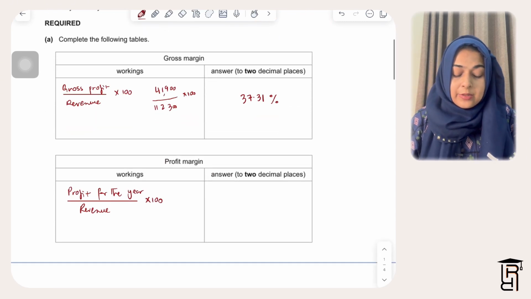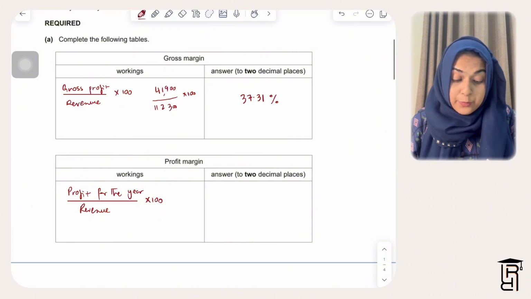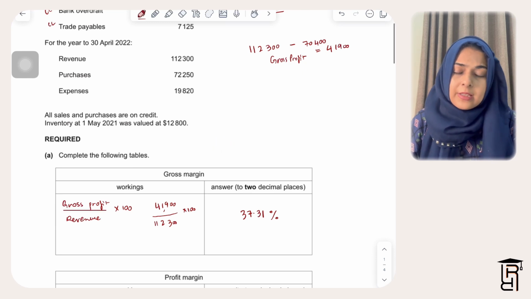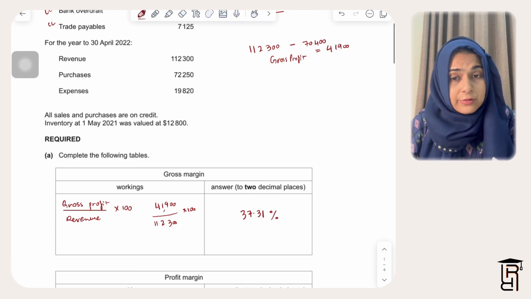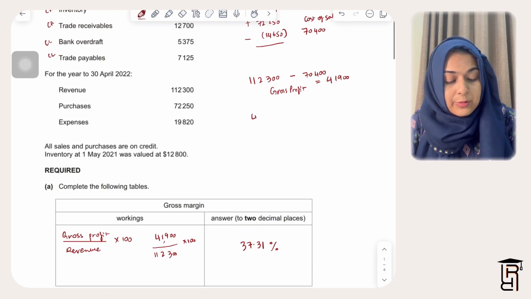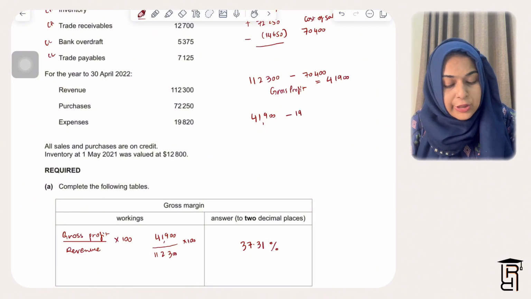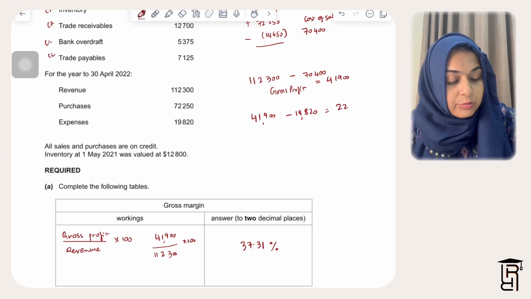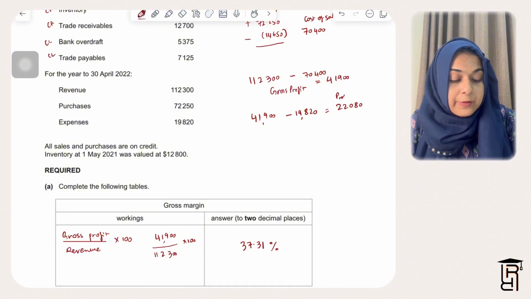Then we are supposed to calculate the profit margin. Profit margin is simply profit for the year divided by revenue. Revenue in this case is revenue, but if it's net sales, you take net sales, multiplied by 100. Here your gross profit is 41,900. We don't have any other incomes here, we have expenses, so you need to subtract expenses, 19,820. 41,900 minus 19,820 will give us 22,080. This is my profit for the year.